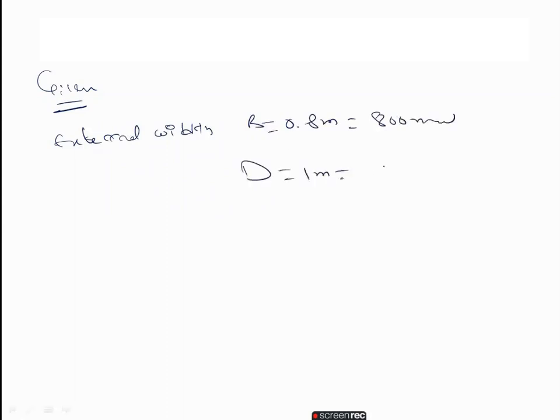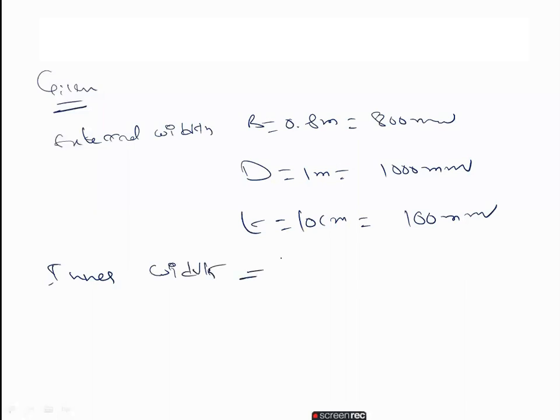Now I will write the given data. The external width B equal to 0.8 meters, that means 800 mm, and external depth 1 meter, that is 1000 mm. Thickness given is 10 centimeters, that means 100 mm. So inner width small b is B minus 2 into 100, 800 minus 200, you will get 600 mm.